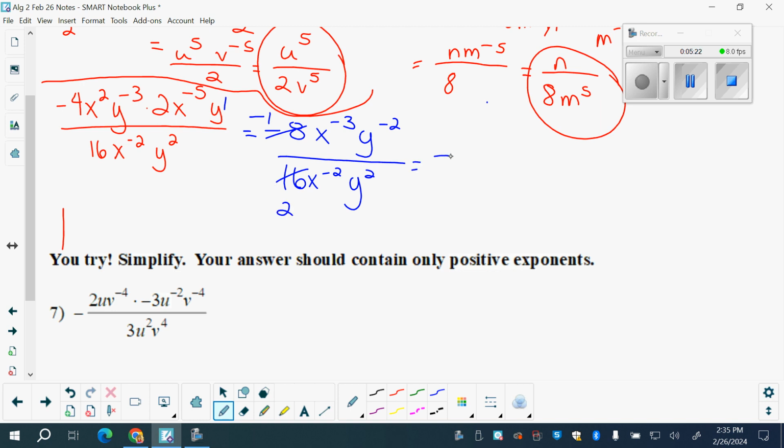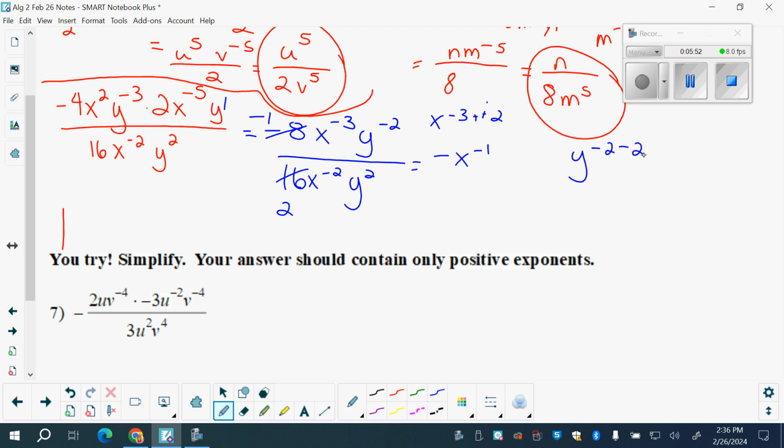So -1 on the top, and then we have x to the -3 minus -2, which is x to the -3 minus -2, -1. And then we have y to the -2 minus 2.